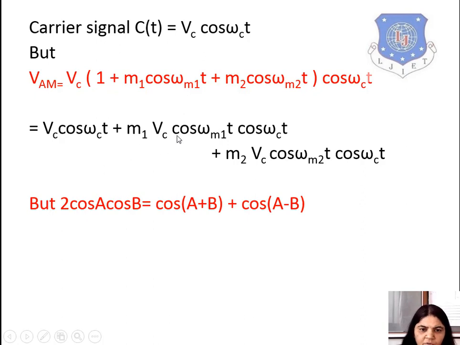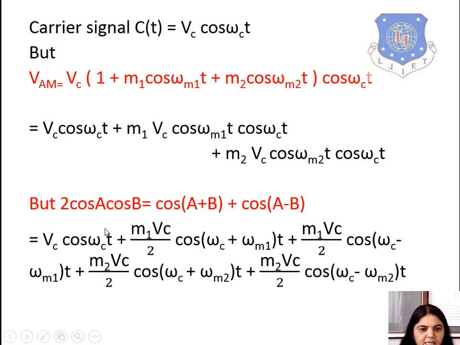Now here we have cos omega m1t cos omega ct. Which formula can I apply? 2 cos A cos B is equal to cos(A+B) plus cos(A-B). So I should multiply by 2 as well as divide by 2. By applying this relationship, I can write Vc cos omega ct plus m1 Vc divided by 2 cos(omega c plus omega m1)t, because the carrier is higher than the information.